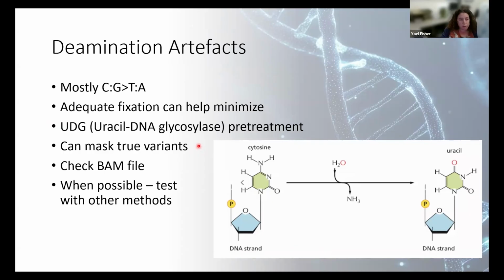But if you have a specimen with a high enough tumor cell content, you might be able to see the true variants, if you filter it correctly. You should always check the BAM file and look at your variants. And when it's possible, and you see a variant that is real, if you're able to test with other methods to confirm, that would be the best option.